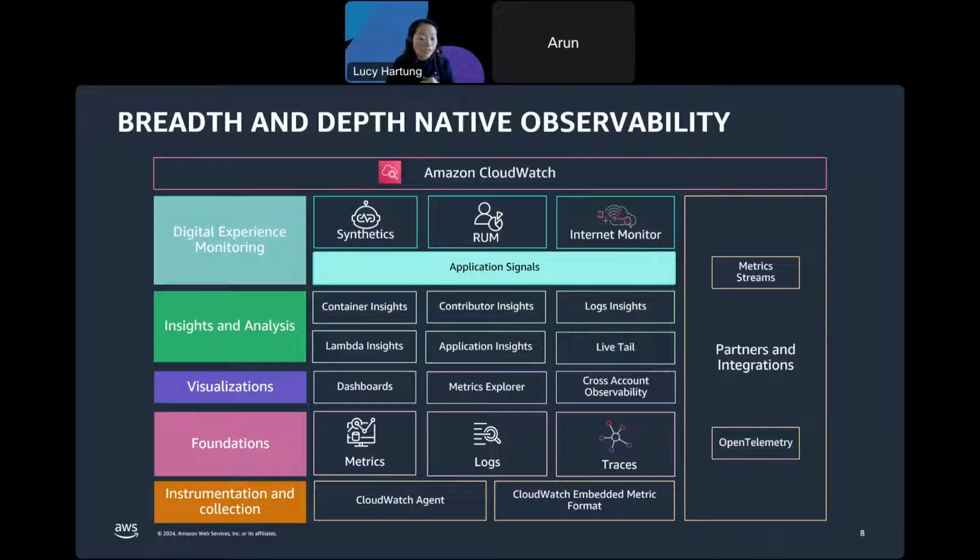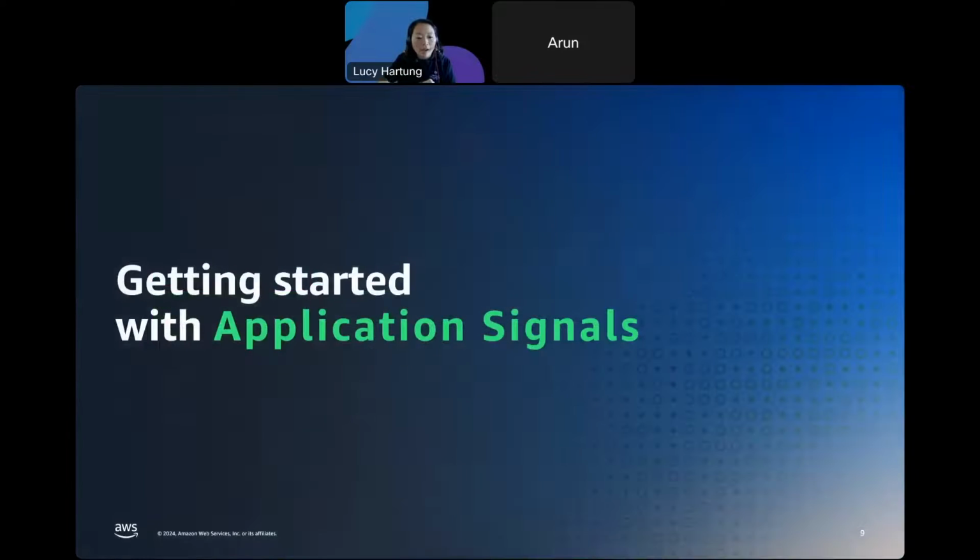You can leverage cross-account observability, and we have invested a lot in the insights and analytics space to really surface these insights for you. So I want to share this slide to give you an overview of our native observability capabilities, but with a key focus today on application signals. With that being said, I am going to turn it over to Arun to go through application signals and then the deep dive.